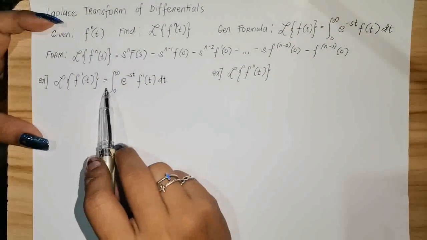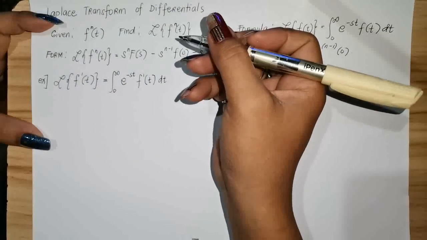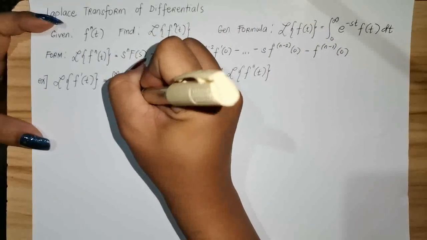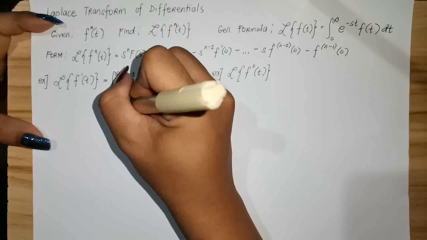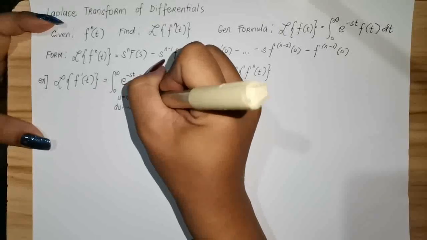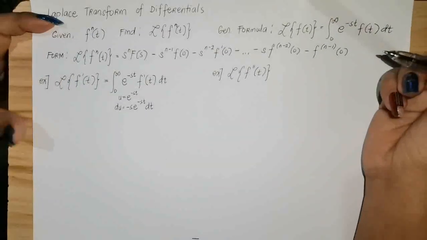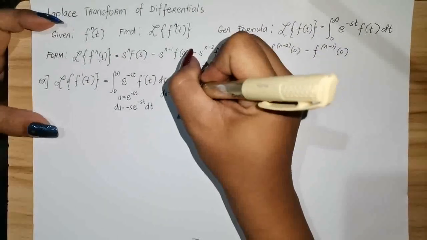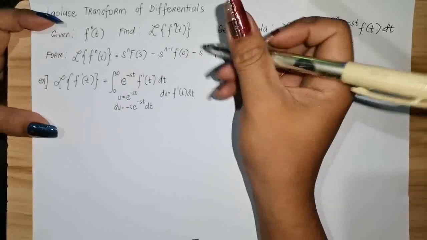In this case, we will have to use the by parts method, or the integration by parts method. We will set u as e raised to negative st. Then, of course, your du there is negative s e raised to negative st dt. Then, for the dv, you will have the first derivative of f of t dt.